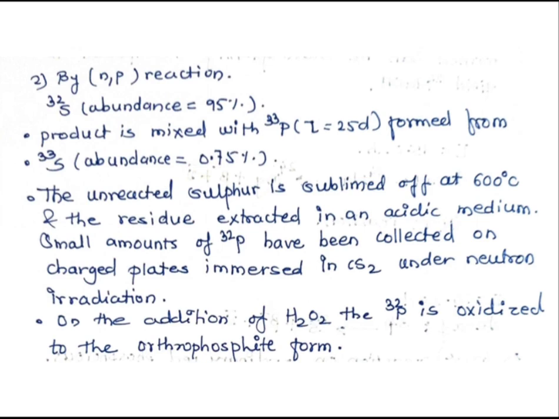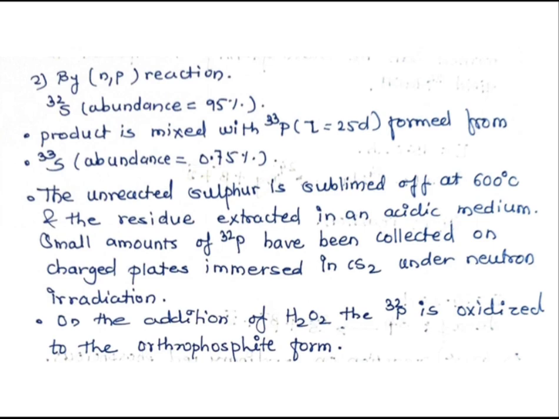The sulfur 33 abundance is very less, around 0.75%. Where high specific activity is needed, this procedure is adopted. As we know, in the N-gamma reaction the product formed is of low specific activity. So by the N-P reaction, we have to obtain a product with high specific activity.